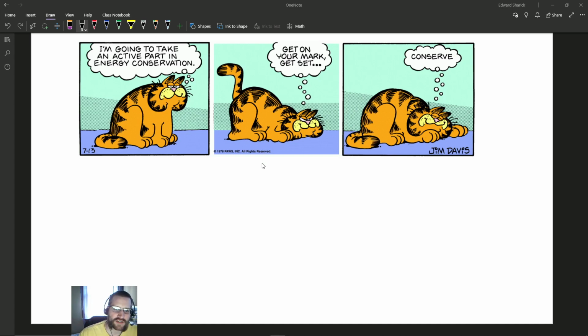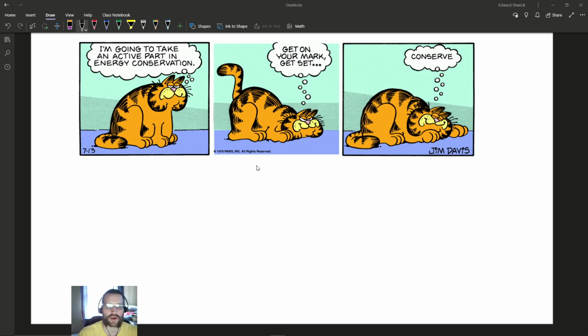So this idea of conservation of energy is going to be something that we talk about. You may have heard it as a law of physics, that energy cannot be created or destroyed, that energy is always conserved. That's something we get into in this chapter. Before we do that, we have to define what energy is and what some different types of energy are, and then we'll get into how energy is conserved and how energy is transferred.